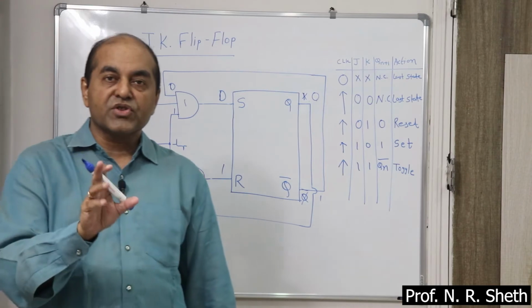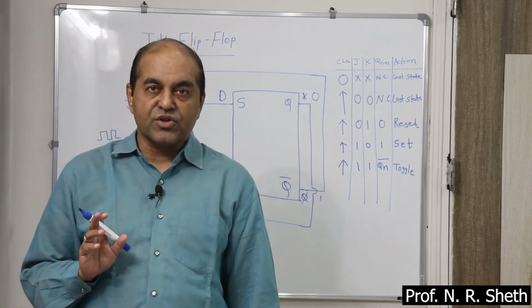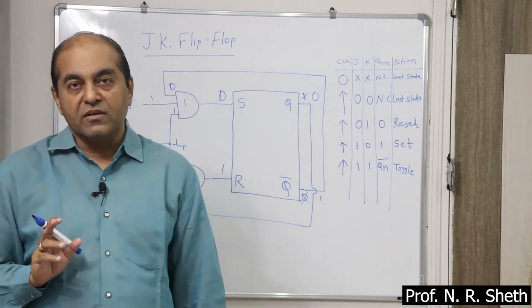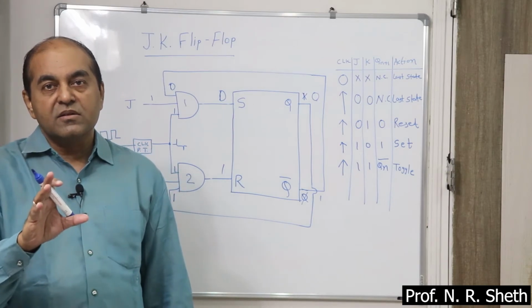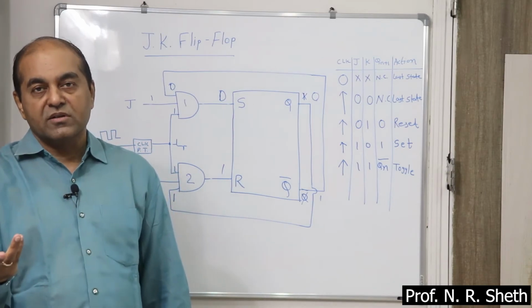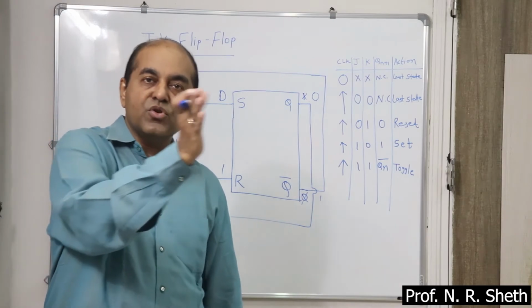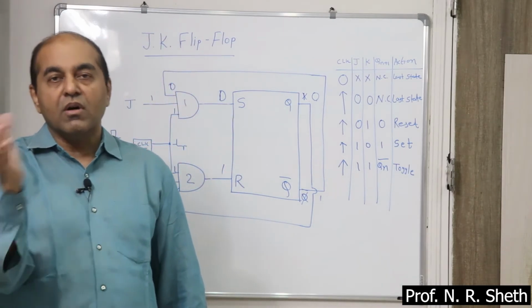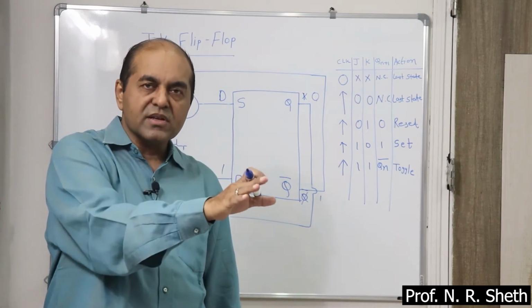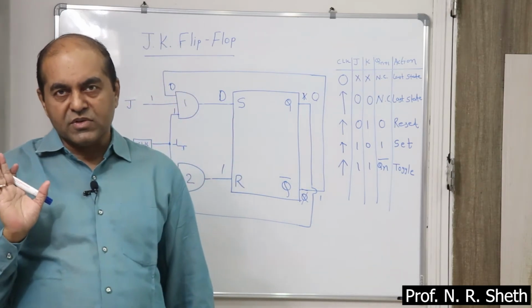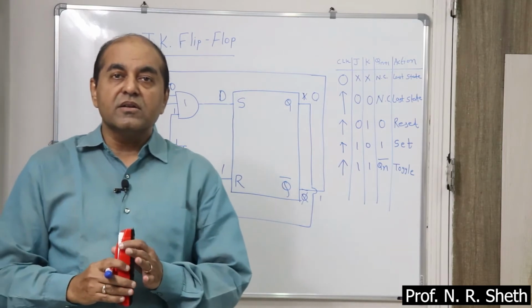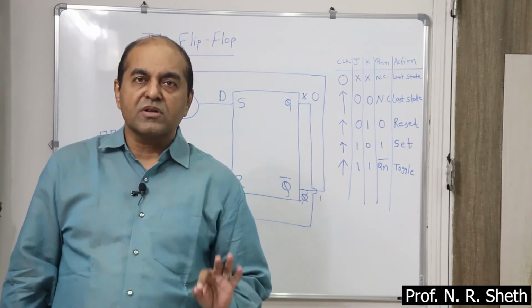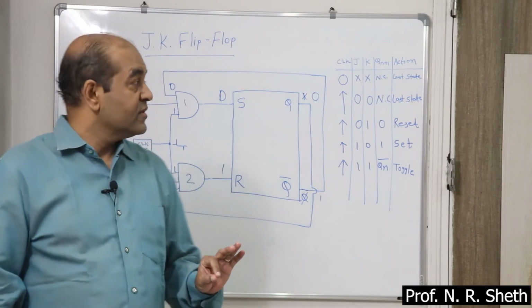They can ask you this question in short questions, SQ part. What is toggling? Toggling means switch to opposite state. In previous stage, if Q is 0, then in next it becomes 1. Or in previous stage, if it is 1, then it becomes 0. And toggling is a very important state of JK flip-flop.